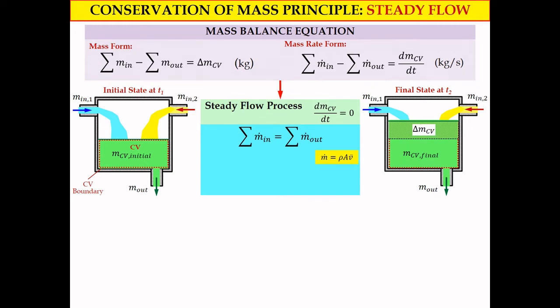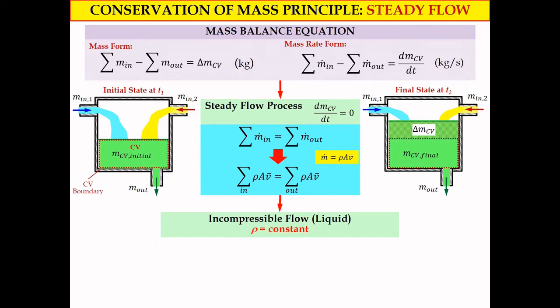Substituting into the equation, we have total rho A V bar in equal to total rho A V bar out.